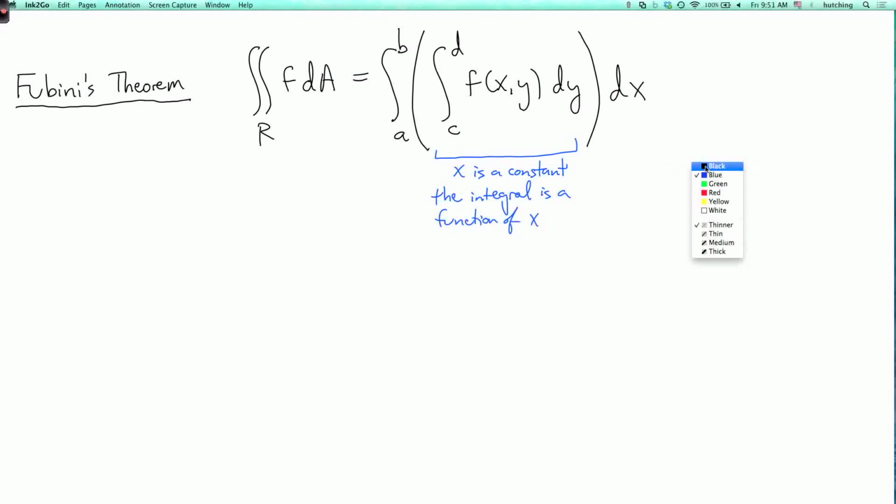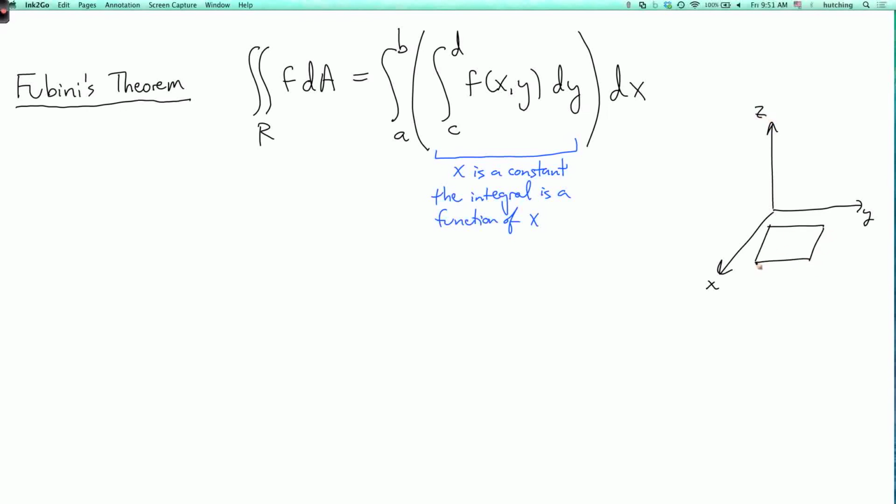And what that function is, again, is the area of a slice of our region whose volume we want to find. So we're fixing x to be something, and we take a slice through the plane where x is that constant, and we slice a region, we get a two-dimensional region in that plane, and this integral is the area of that two-dimensional region.